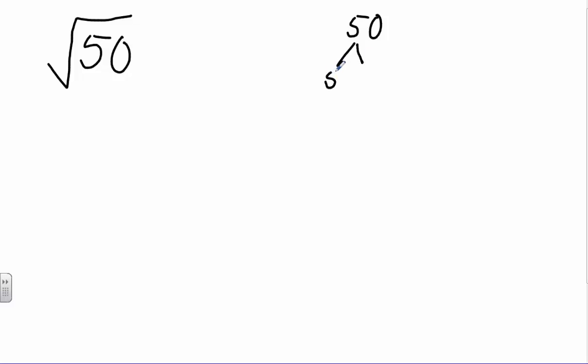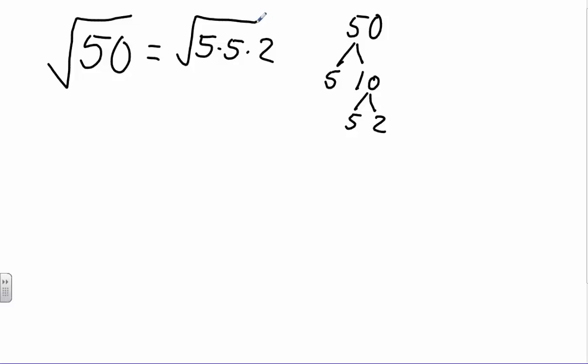So I'll do another one. We'll do the square root of 50. Over here, I'll do the prime factorization of 50. So it becomes 5, 10, 5, and 2. So the square root of 50 is equal to the square root of 5 times 5 times 2.